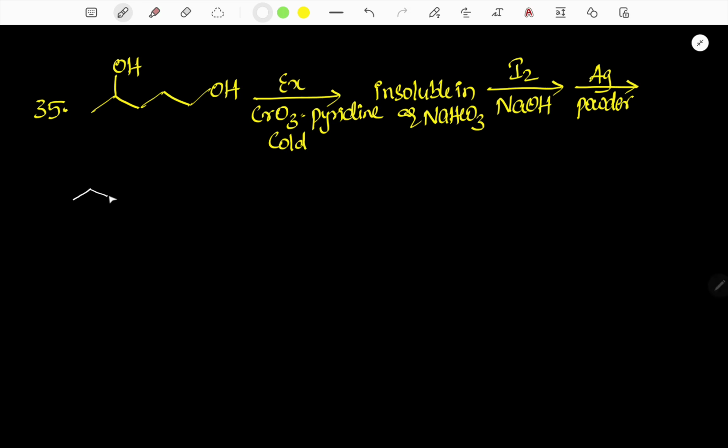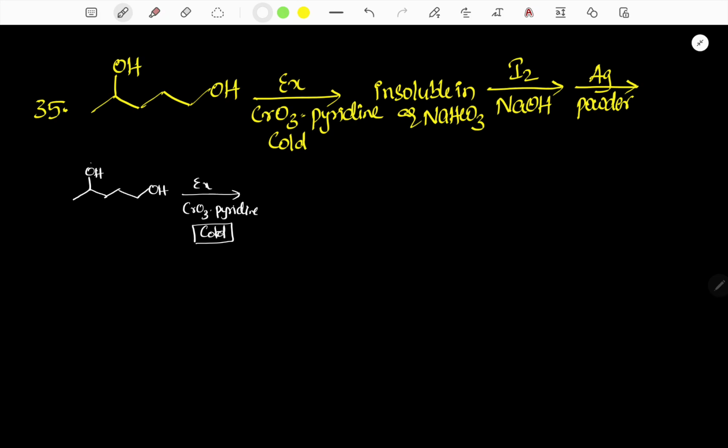The reactant has two alcohol functional groups, one secondary alcohol and one primary alcohol. Now it is treated with excess CrO3, pyridine and cold condition.